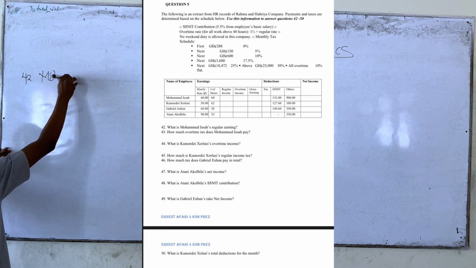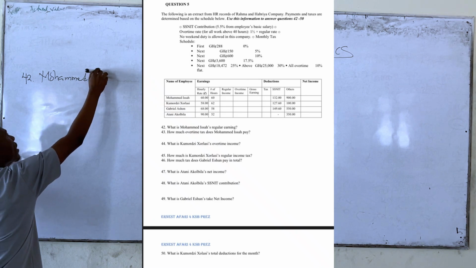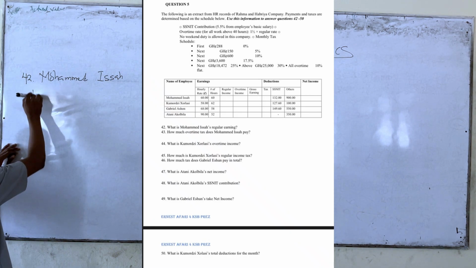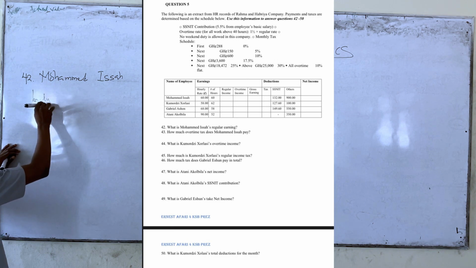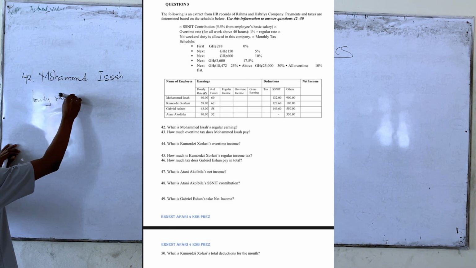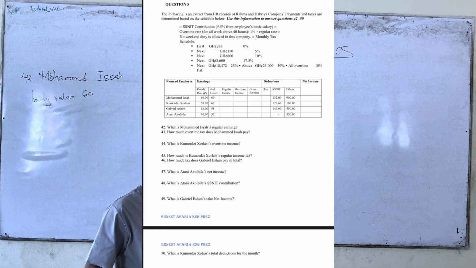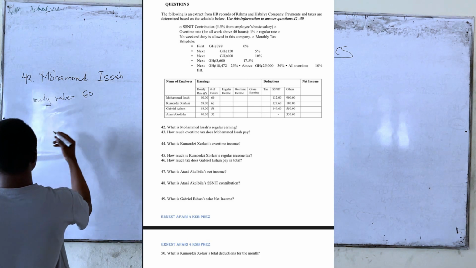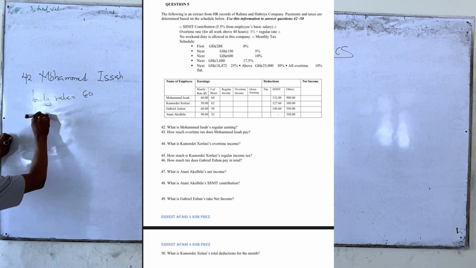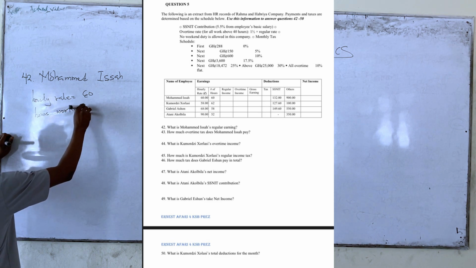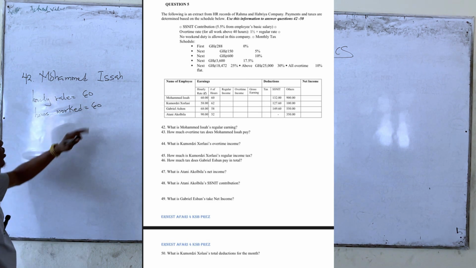The hourly rate of Mohammed Issa is 60 Ghana cedis, right? Then number of hours worked. He worked for 60 hours. Hours worked is 60.